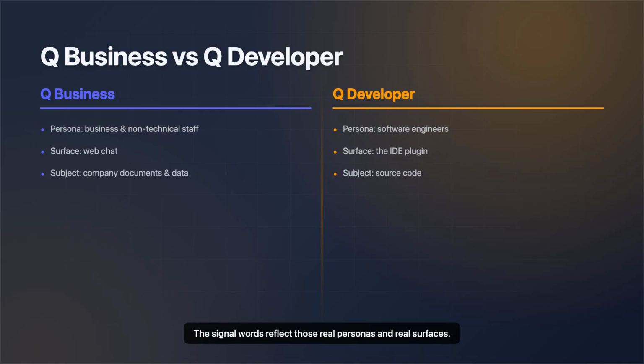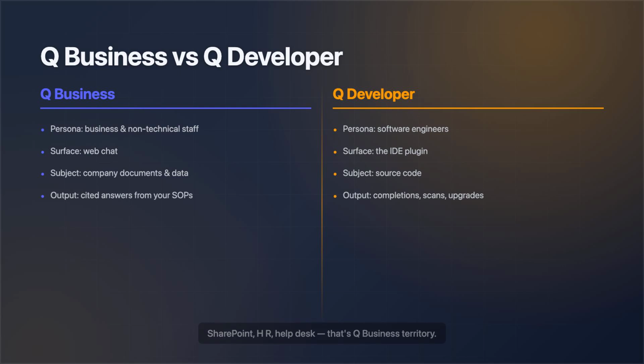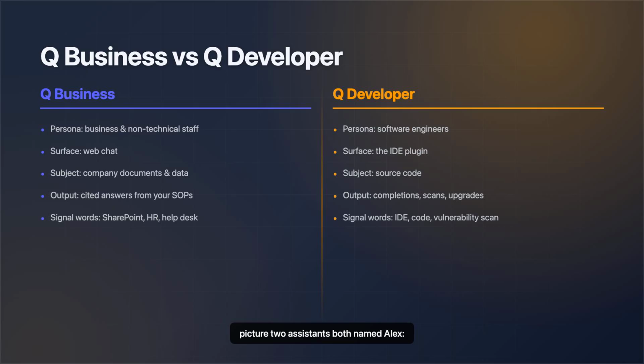The signal words reflect those real personas and real surfaces. SharePoint, HR, help desk, that's Q Business territory. IDE code, vulnerability scan, that's Q Developer. If it helps to anchor that distinction, picture two assistants both named Alex, one at the front desk searching filing cabinets, one at the engineering desk writing code alongside the team. Same brand, never the same job.